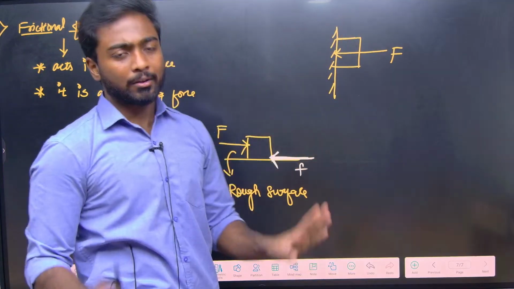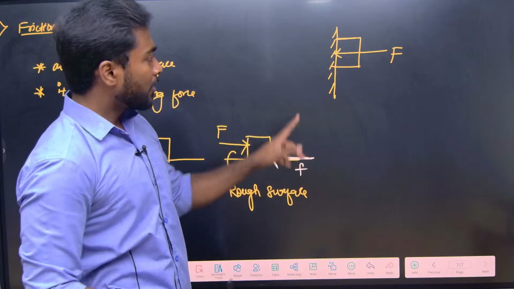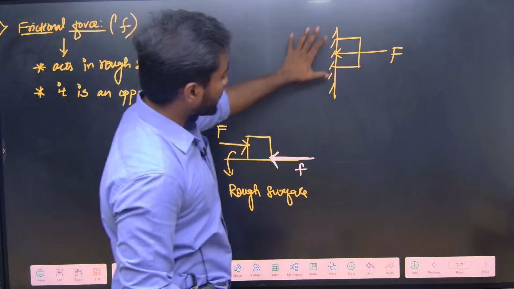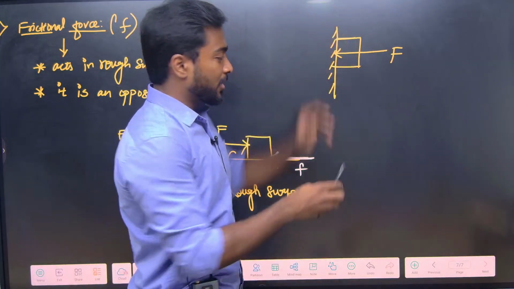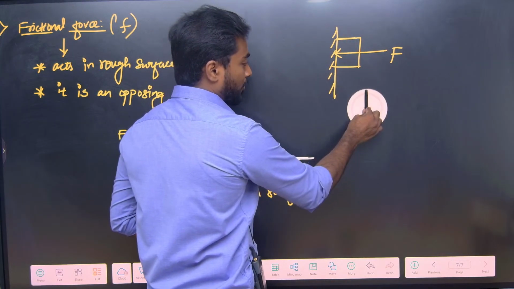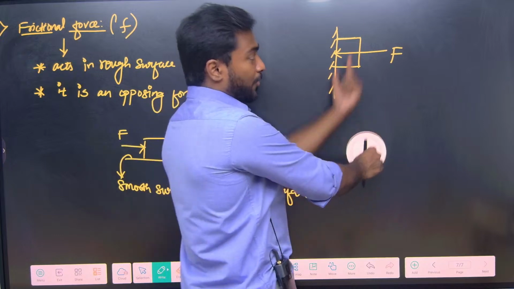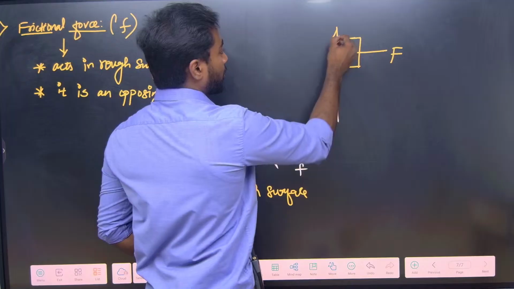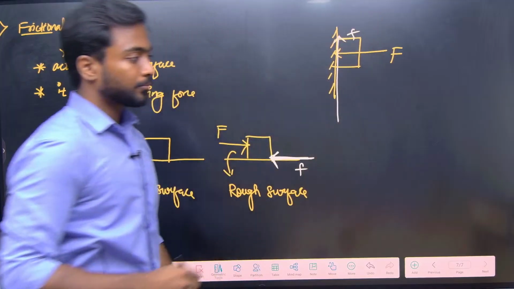What is that force? Wait, we are not talking about that. But the frictional force is also in the opposing direction. If I keep the object, it will try to go down, which means the frictional force will be in the upward direction. Frictional force in the upward direction F.